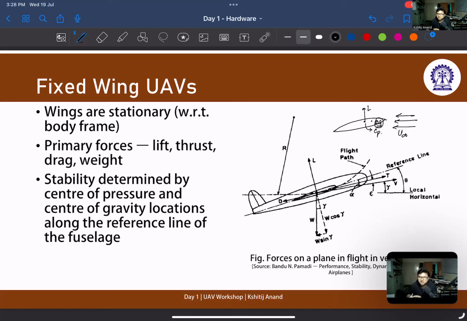What does positive static stability mean? That if you are inclining your aircraft nose up to climb, there should be a natural tendency for the aircraft to come down. You should have to apply force to keep it nose up.